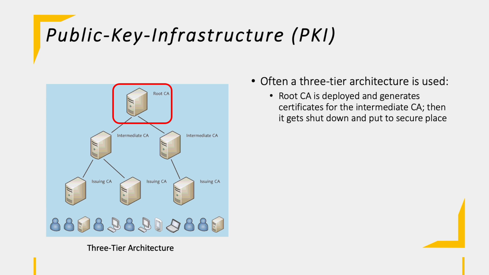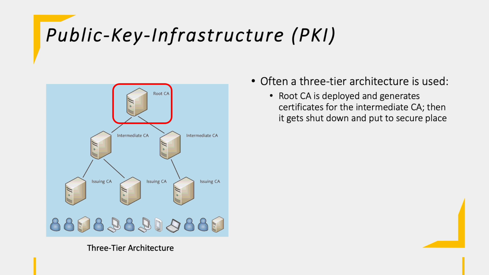And then this machine just gets shut down and put securely somewhere, for example at the bank. And the reason is what I told you a few minutes ago: when the private key is lost or compromised, the entire structure is compromised or lost.